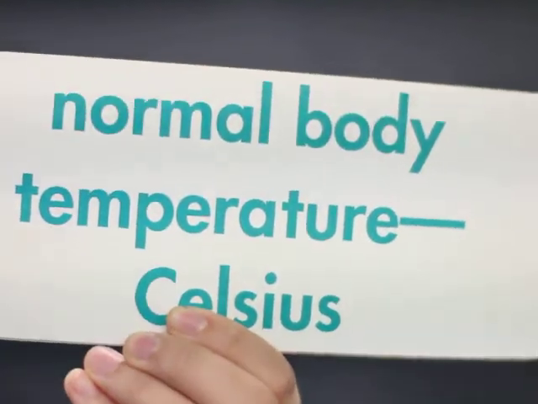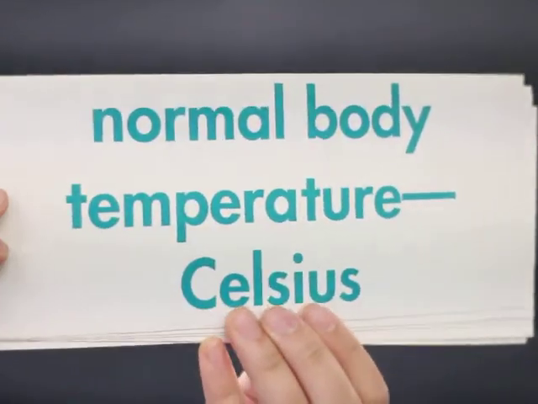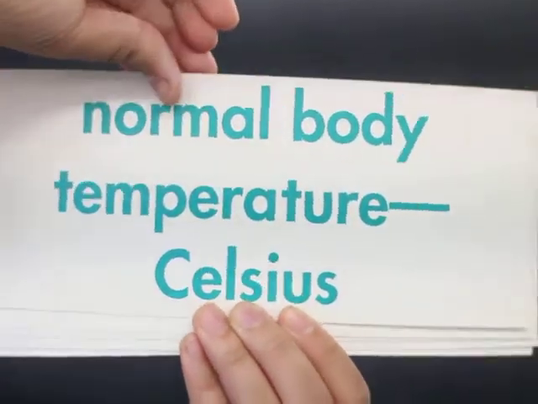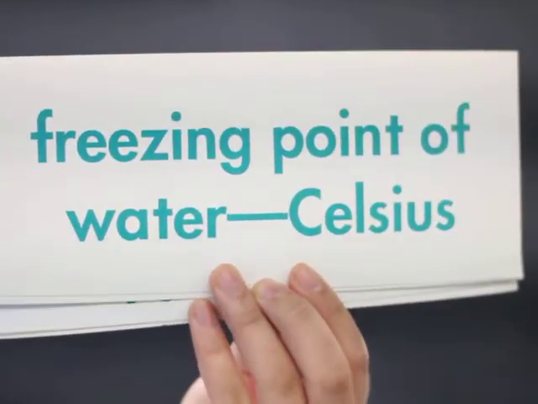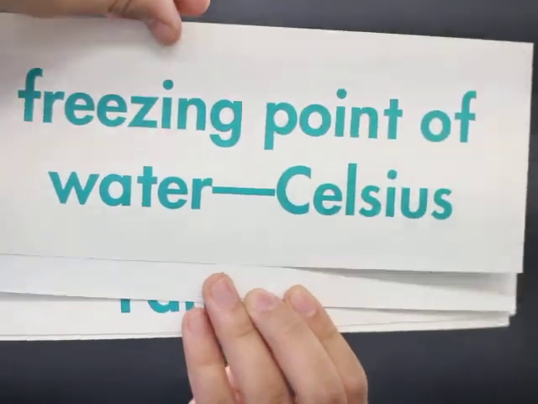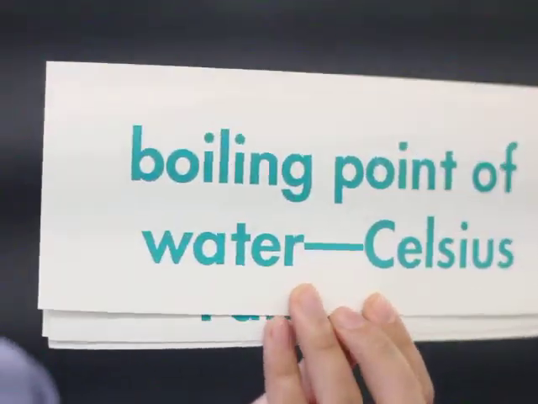Let's go over our temperatures together. Just as soon as I can get this to focus here. Okay, so what's the normal body temperature Celsius? 37 degrees. Freezing point of water Celsius? 0 degrees.